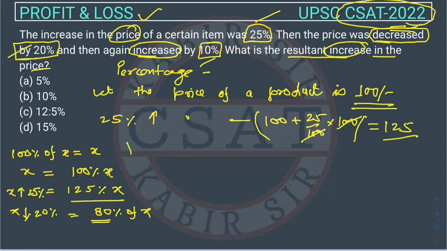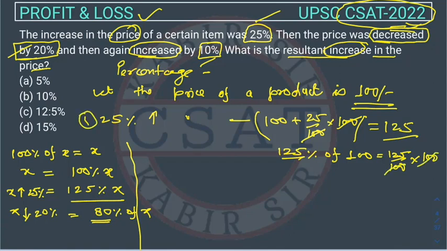Okay, so here we will use that thing only. So if there is a 25% increment, we can directly write 125% of what we assume, 100. So 125 upon 100 into 100, this 100 will cancel this one, right?